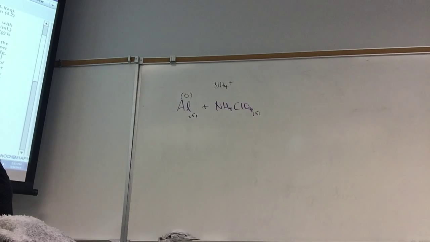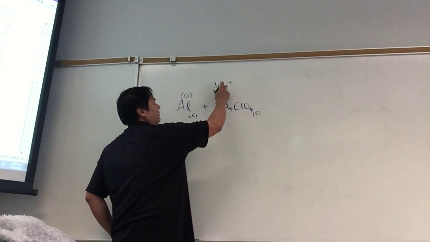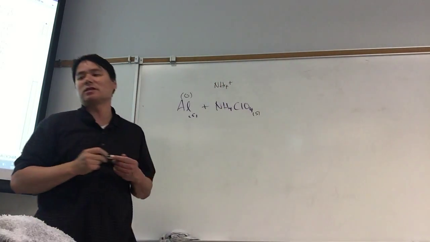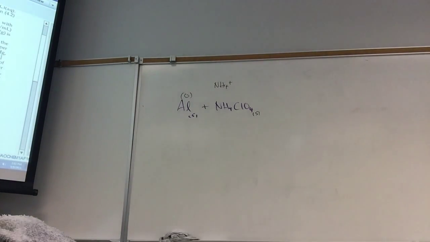You would think it's electron poor, but you can't tell by the net charge. Especially for a monatomic, you can, but this is polyatomic. So we can't really tell unless we do the oxidation states, because we need to see what the individual charge on an atom is, because it depends on where that charge is. Is the positive charge on the nitrogen or is the positive charge on the hydrogen? It makes a difference in behavior.